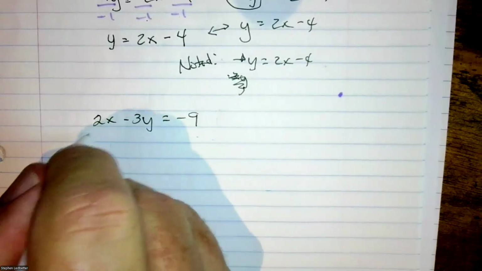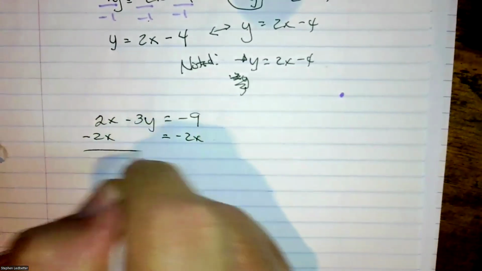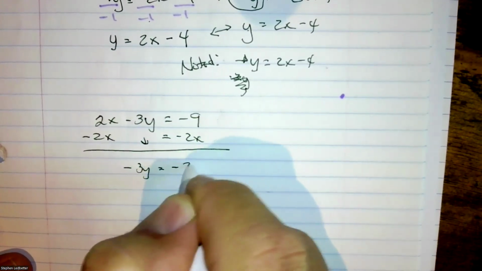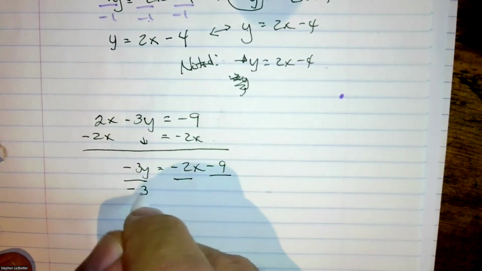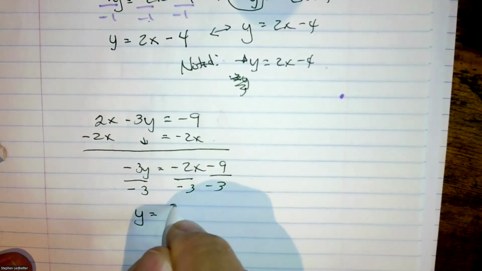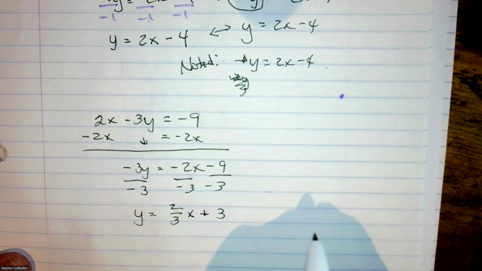All right, so we're going to move x over first. Bring down my -3y. Put the -2x in first, then the -9. Then divide everything by -3. Then y equals 2/3 x plus 3.